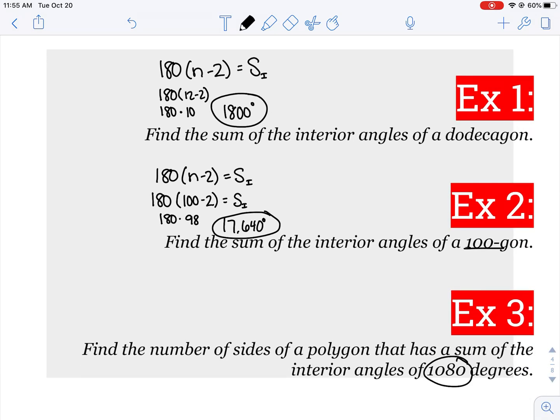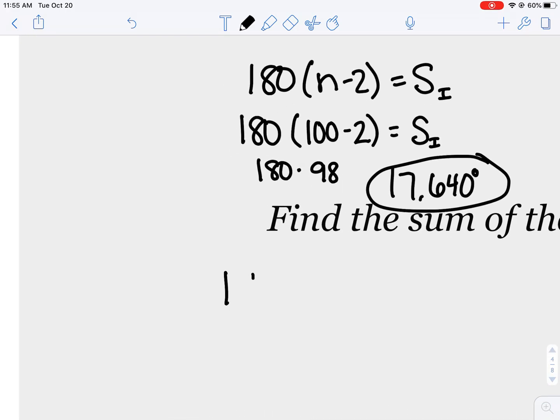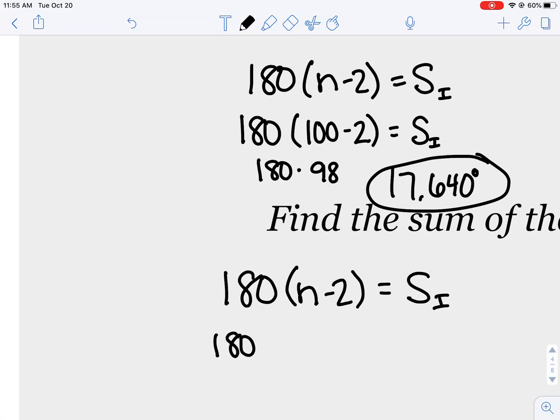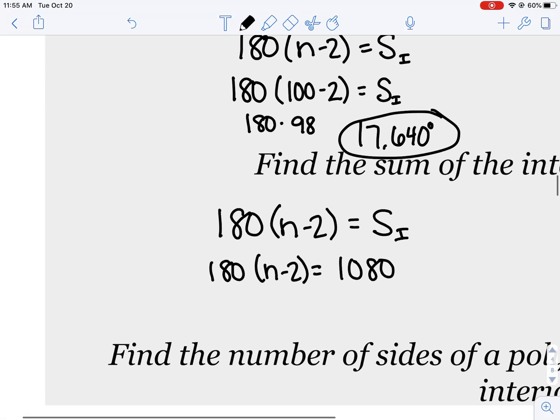I can also work backwards. I know the sum is 1,080, and I want to find the number of sides. So I'm still taking that formula, 180 times n minus 2 equals the sum of the interior angles. Instead of solving for the sum of interior angles, though, I'm solving for n this time. So I have 180 times n minus 2 equals 1,080.